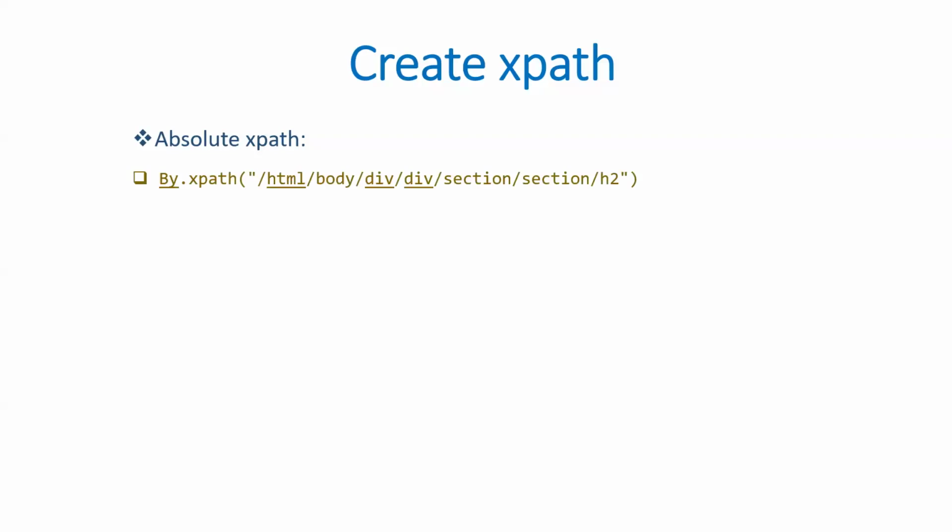Okay, guys. So here, this is an absolute XPath. How is it defined? Starting with a single slash, HTML, body, division, section, H2. So H2 is the element that we want to identify. So to this element, starting from the HTML root tag, whatever tags are defined in between, all the tags will be defined inside that absolute XPath.